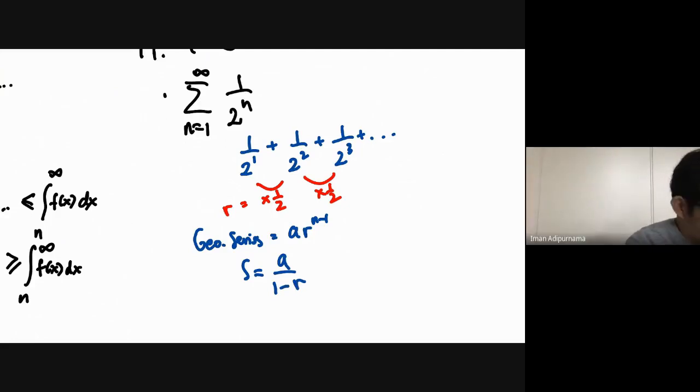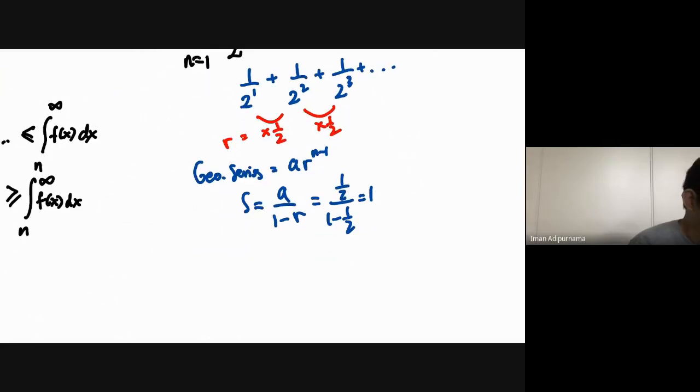With a half, 1 minus half is a half, so the sum is 1. So you can conclude this is converged.